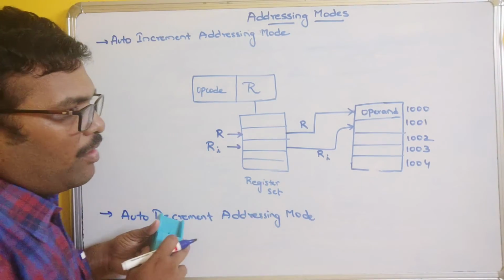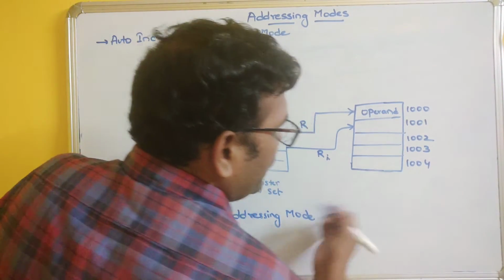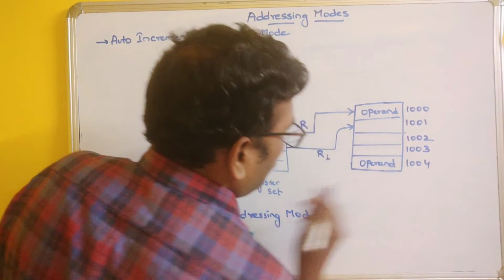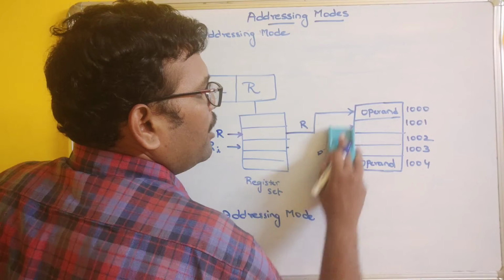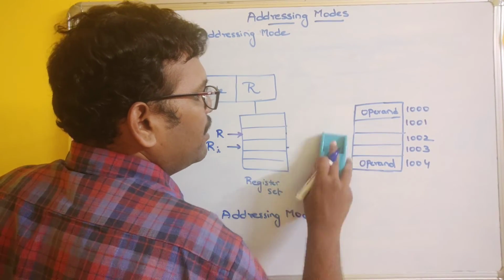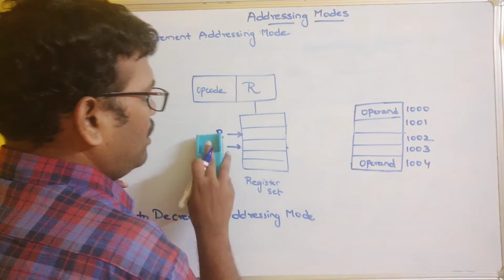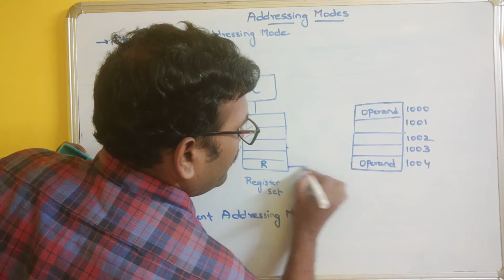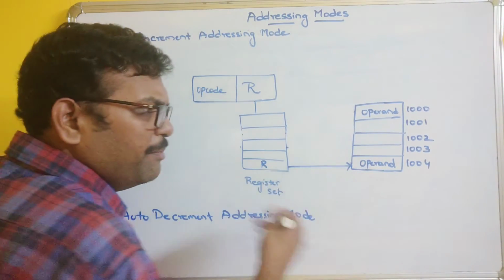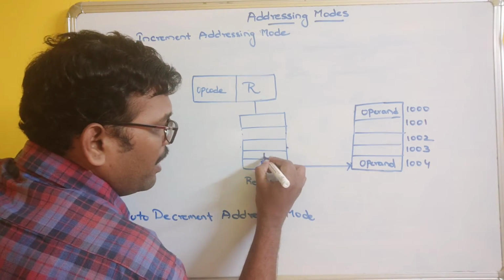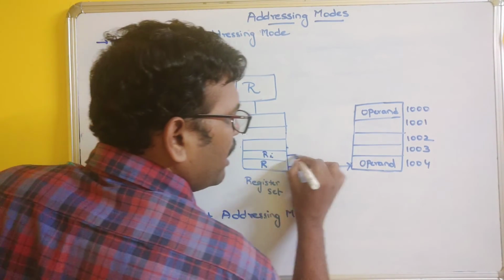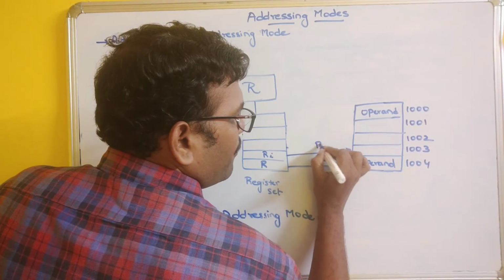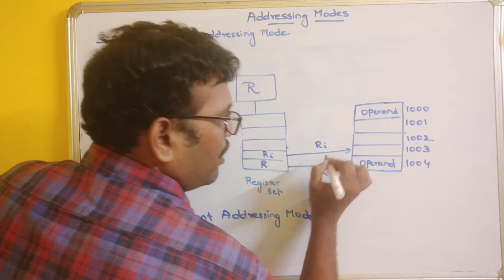So in this auto decrement, let it be the operand is here. Let it be here R and it is pointing towards here. Next immediately it will be decremented and now Ri will be here and it will be pointing here. So this is Ri and R.